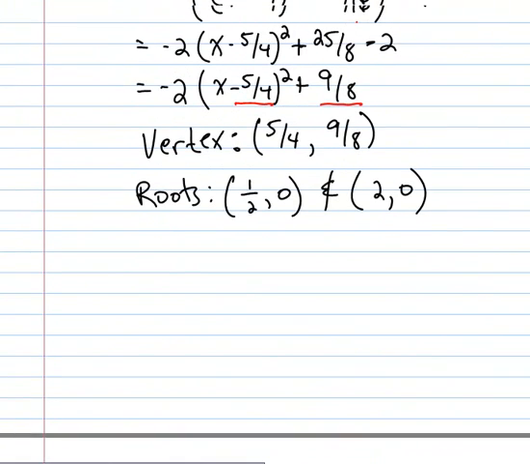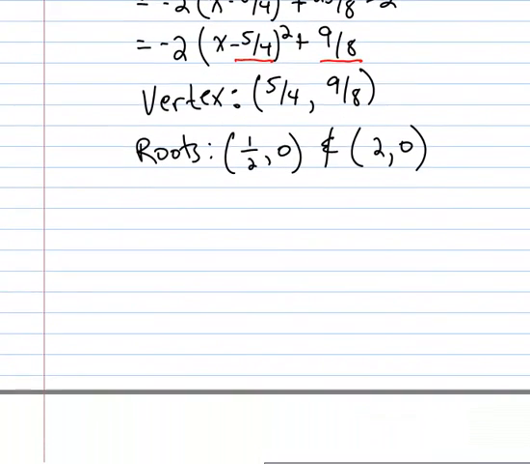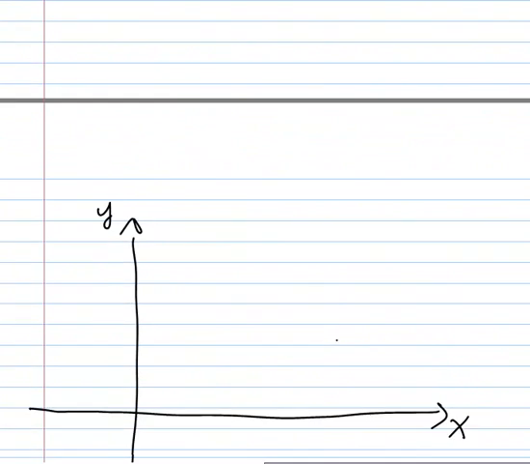So let's go down to the next page here. And quick, these things, you just sketch a little graph. Nothing crazy. X, Y, and so we need, what was our vertex again? It's over 5 fourths, 9 eighths.